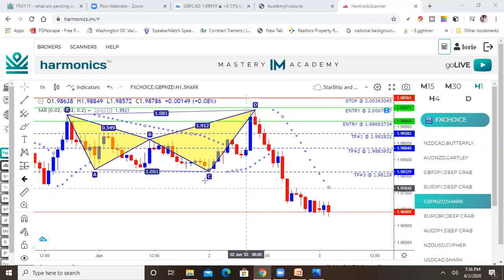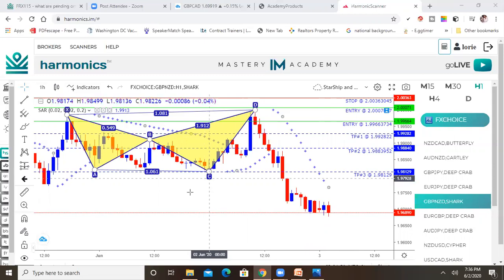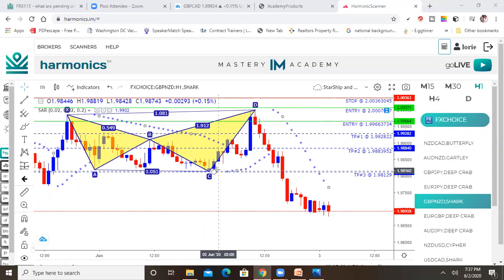So let's look back here where C is. This was yesterday. So let's see where C is right here. Here, we've got the parabolic SAR indicators underneath the candlesticks. This gets so good, you guys. It gets pretty good. Now look, if you would have waited 1, 2, 3, 4, 5, 6, 7, 8, 9 hours.